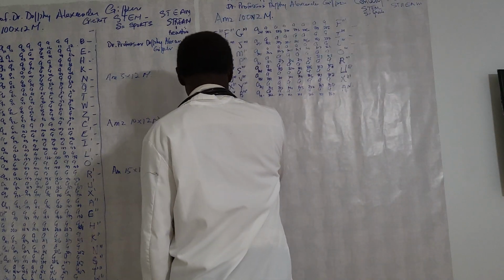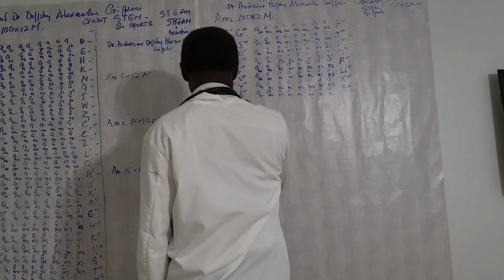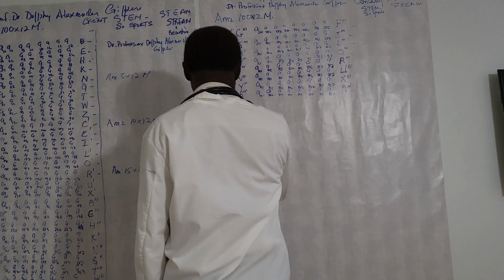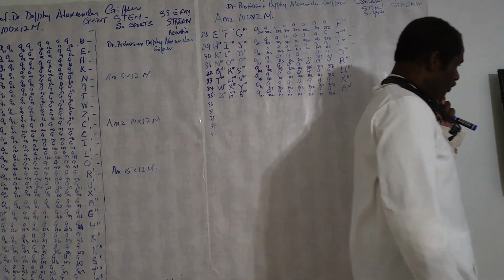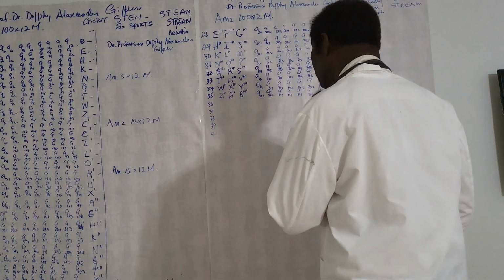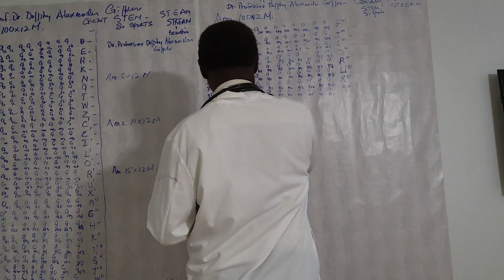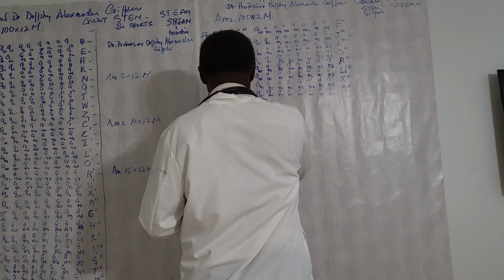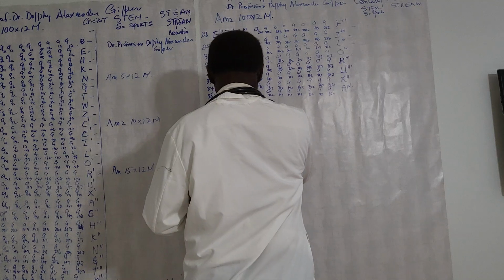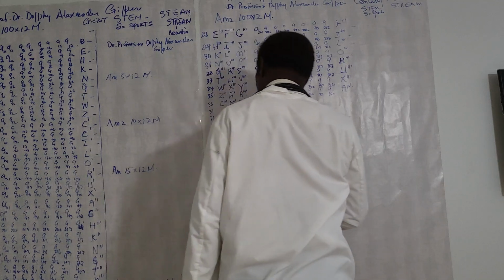So here we go now 36, 37, 38, 39, 40. So we have now C, IV, D, IV, and E to the fourth.